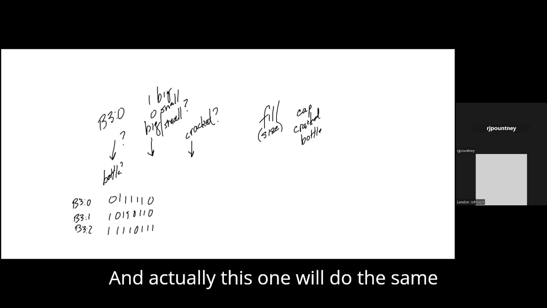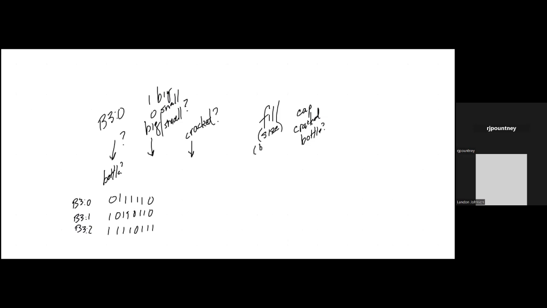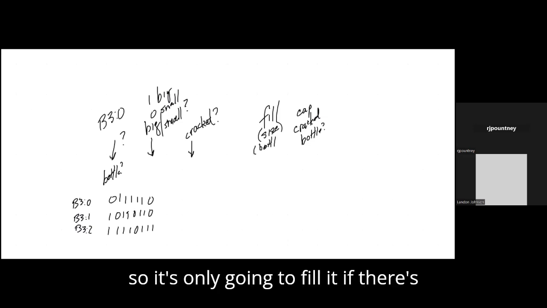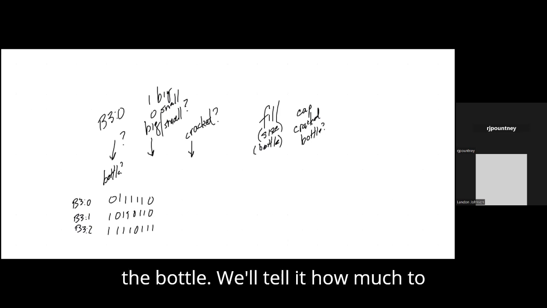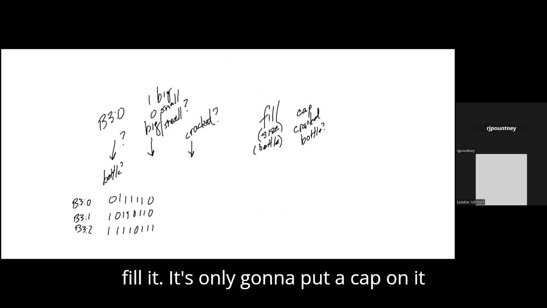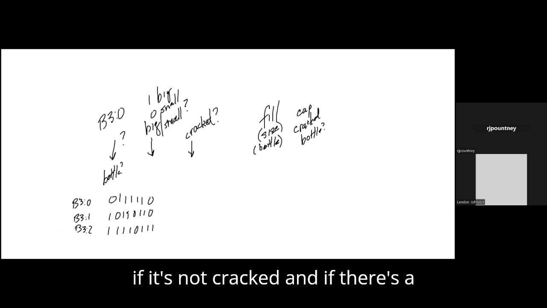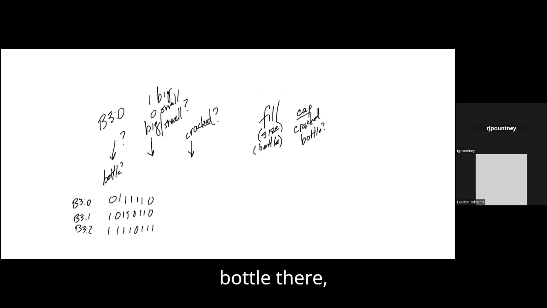And actually, the filler will do the same thing. So it's only going to fill it if there's a bottle there, and based on the size of the bottle, it will be told how much to fill it. It's only going to put a cap on it if it's not cracked and if there's a bottle there.